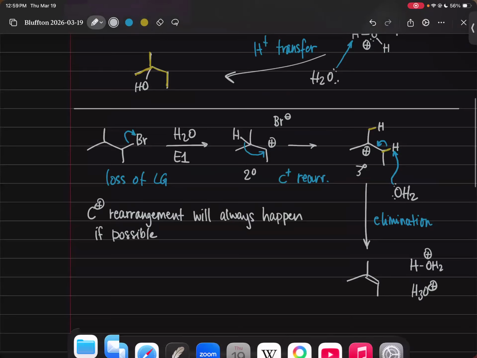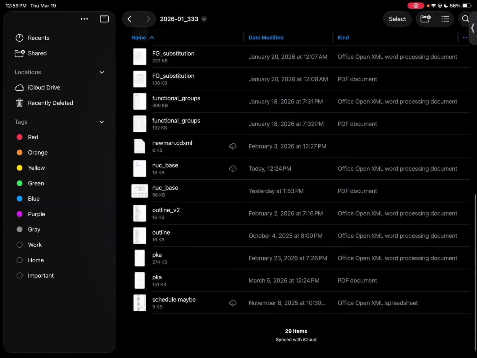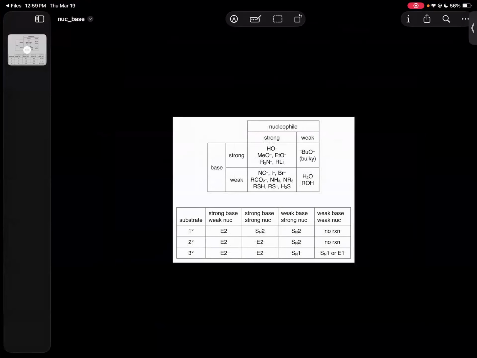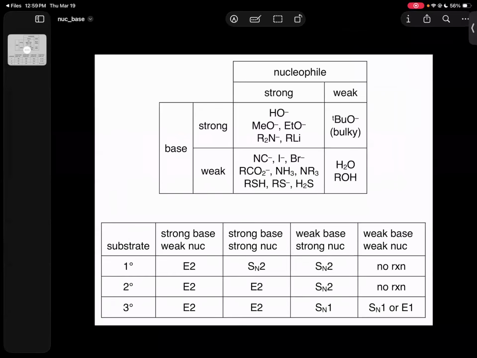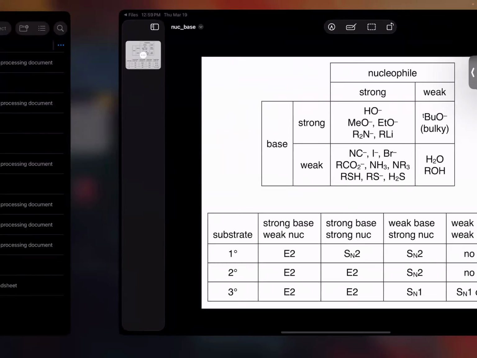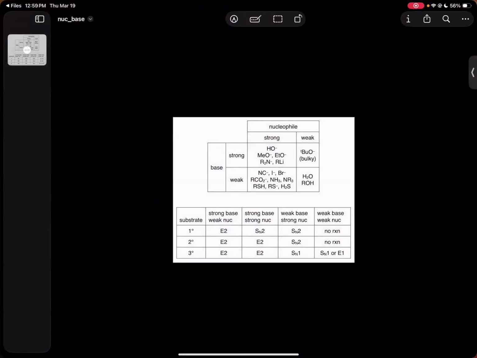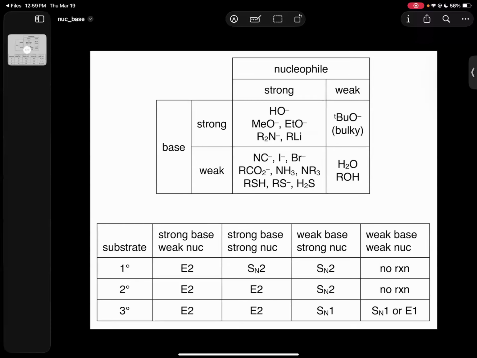If you have Blackboard, in the resources section, you should see this chart, or two charts. This will be given to you on the exam.